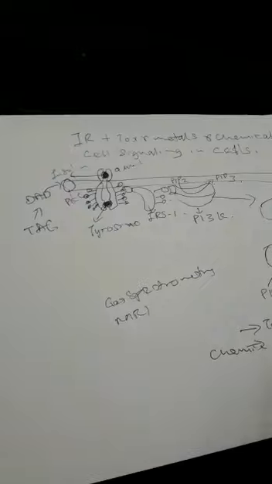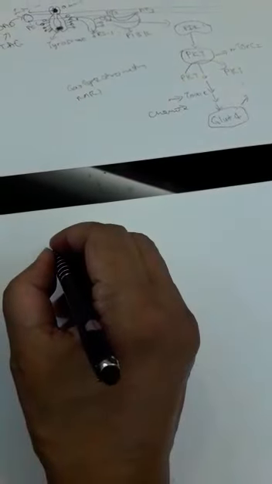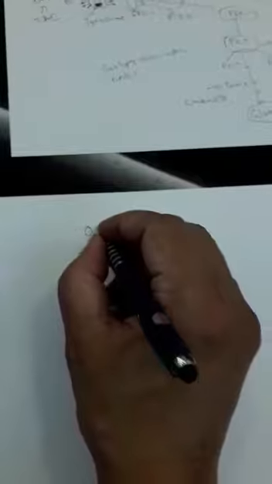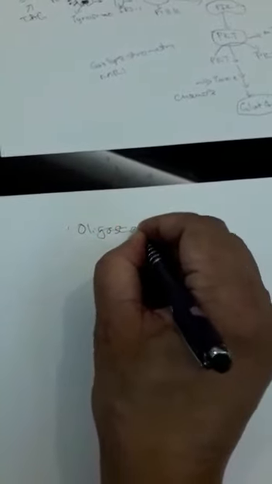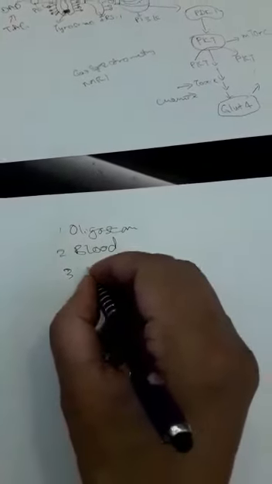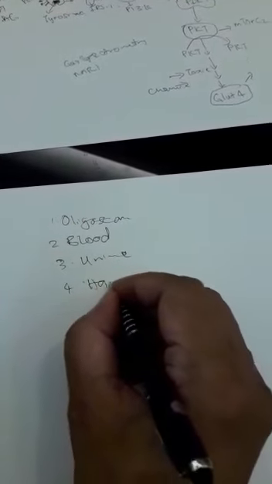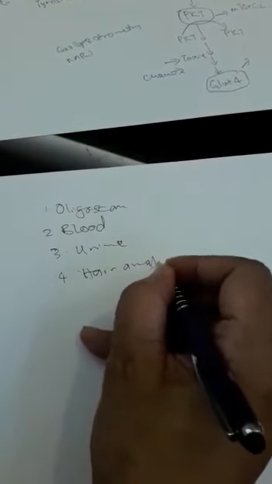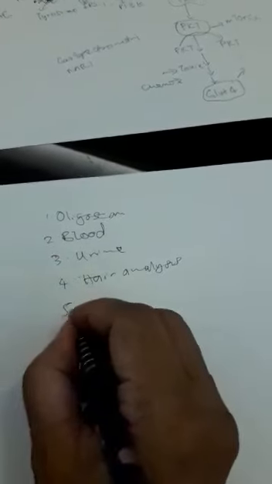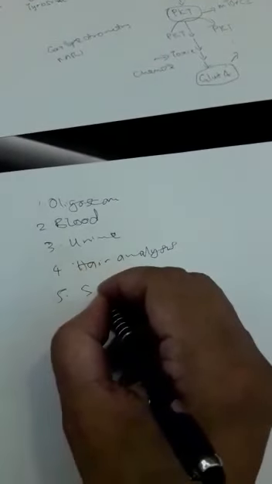The question is, how do we know toxic metals exist in this cell signaling way? So the key here is that we can find toxic metals through oligoscan, or blood tests, 3 urine analysis, 4 hair analysis, 5 S drive.